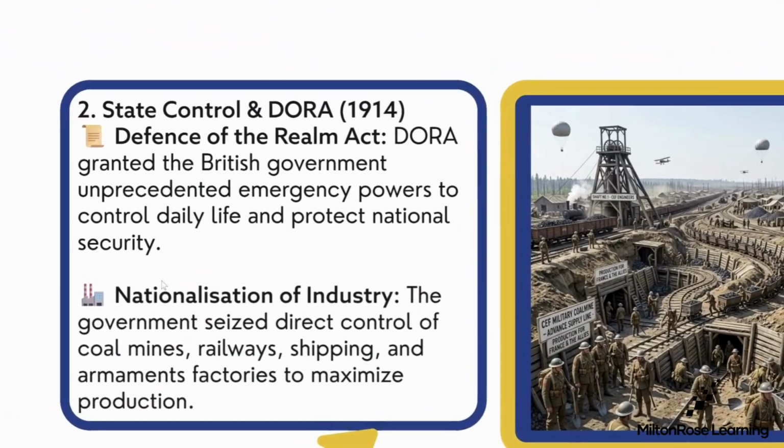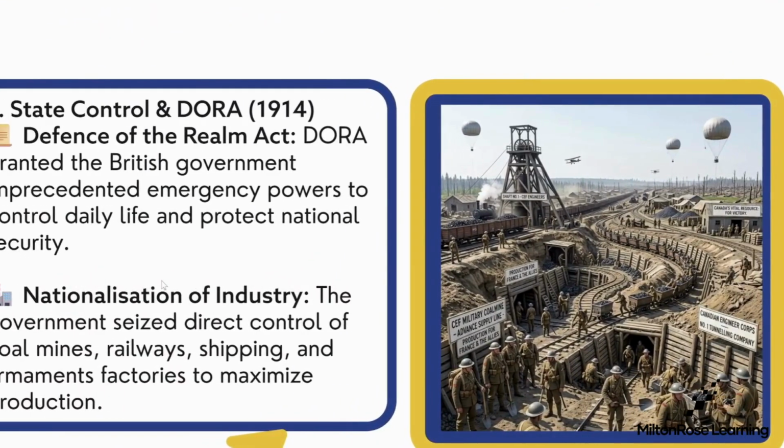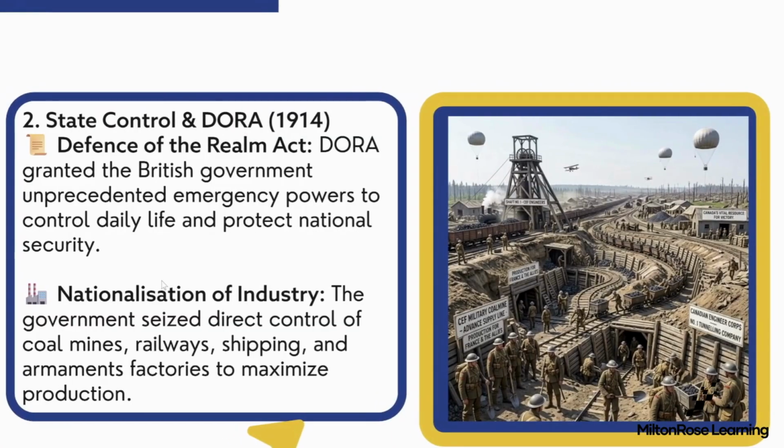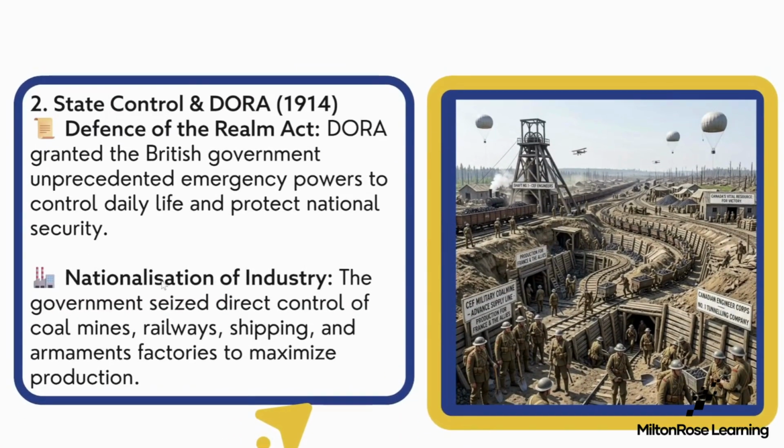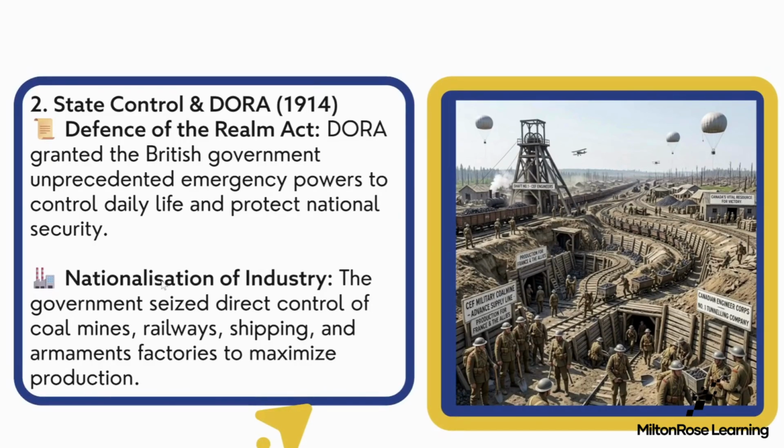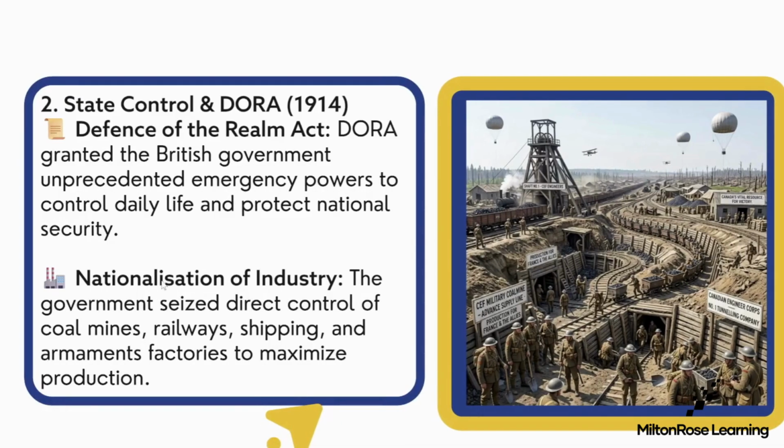Then, number 2. State control and DORA in 1914, which we'll talk about in a second. So first off then, the Defence of the Realm Act, or DORA, which is quicker to write in your exams, granted the British government unprecedented emergency powers to control daily life and protect national security.